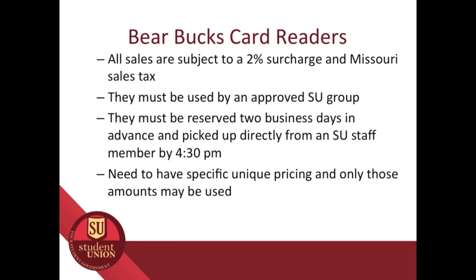The card reader allows your student group to collect payments and will automatically deposit revenues directly into your group's accounts. All sales are subject to Missouri sales tax law, and there is a university surcharge of 2%. Groups are asked to have specific, unique pricing, and only those amounts may be used when you're running sales. See How Things Work for the full BearBucks reader policy and instructions.